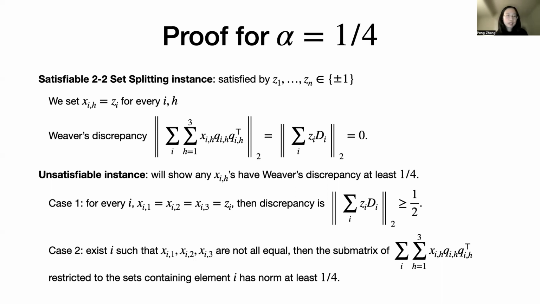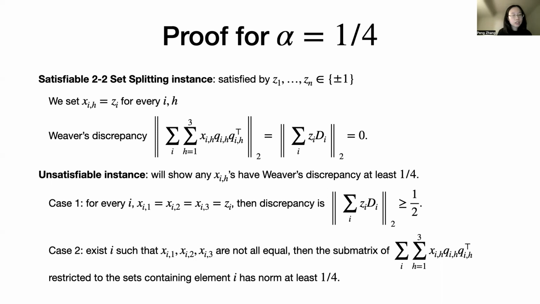Well, if the 2-2 set splitting instance is an unsatisfiable instance, then we claim that any signs x_ih must have Weaver's discrepancy at least 1/4. There are 2 cases that we need to consider.